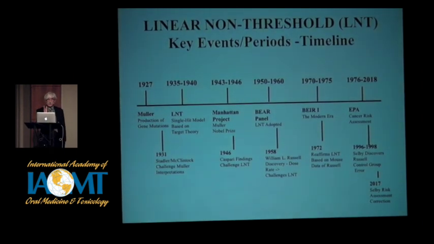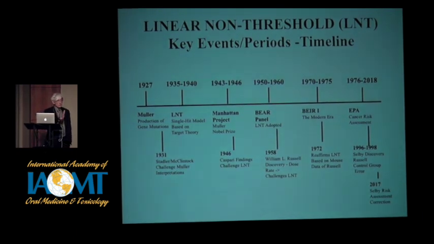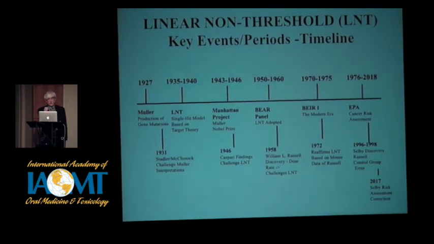Now there was a race, as you can imagine, to see who could get this discovery, because ultimately it would yield great fame and fortune, big prizes, and Muller knew this, and he was going for it.